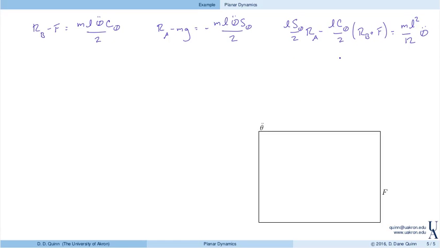So notice that we have three equations, 1, 2, 3, and let's look at our unknowns. In particular, I'll identify RB as one unknown, and I'll color that green. So everywhere we have an RB, we'll turn that green. RA is a second unknown. Let's use red for that one.